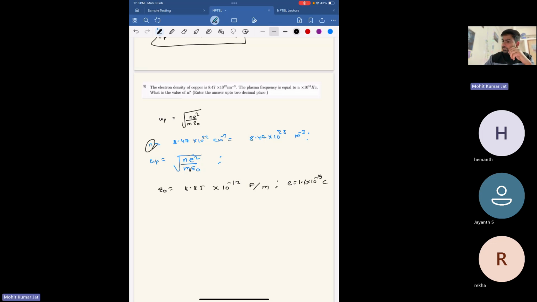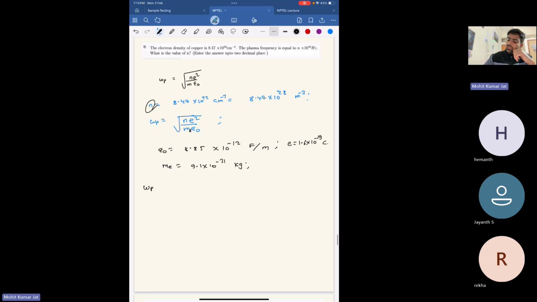This is Coulomb, and M you will know 9.1 into 10 power minus 31 kg, and carrier density is given. So let's just calculate omega p.